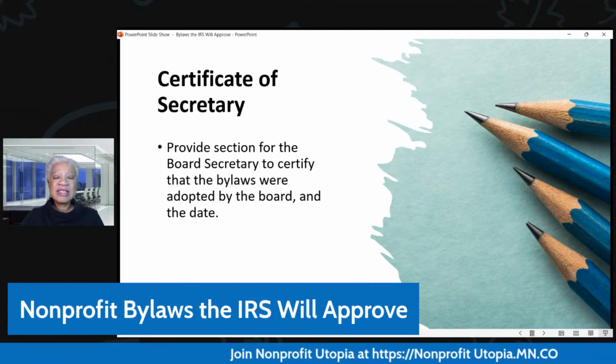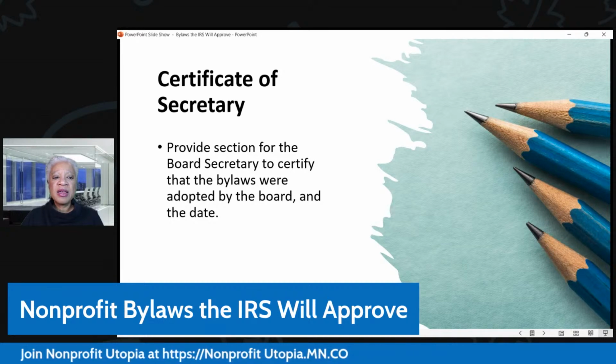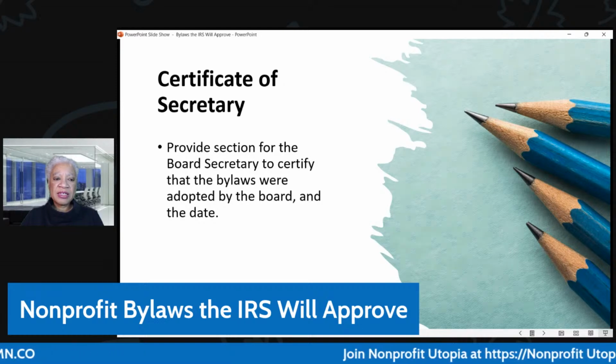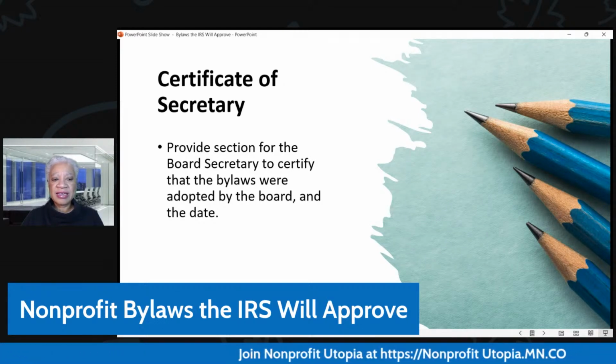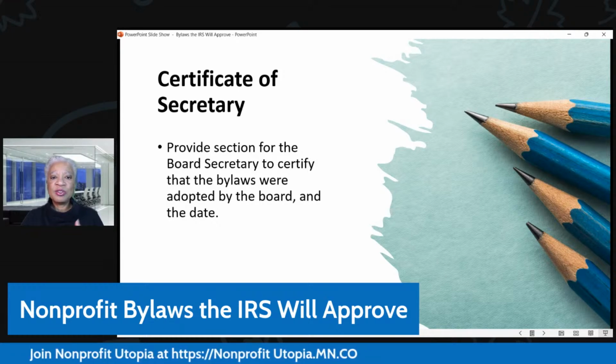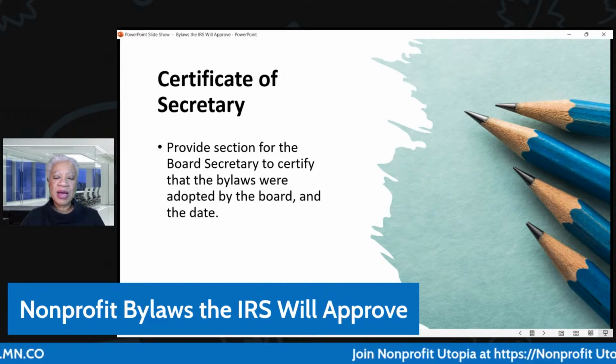And once it's certified, if you don't have your 501(c)(3), you need to include the certified copy with your application to the IRS for tax exempt status, because they want to make sure that you're not just adding stuff to the packet that has not been approved by the board.